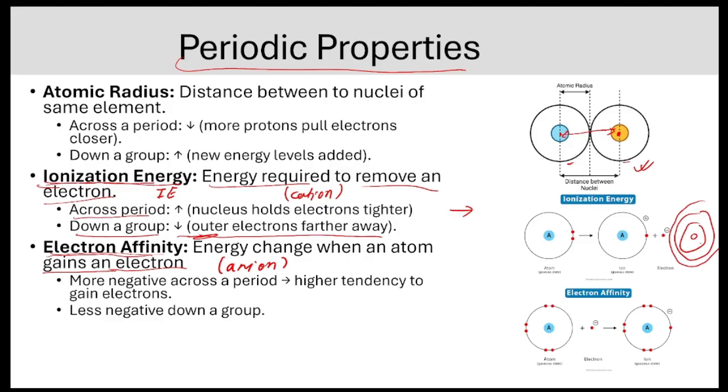Across a period, electron affinity becomes more negative, releasing more energy, meaning the atom has a higher tendency to gain an electron to fill its valence shell. So it is more negative across the period, and less negative from top to bottom.